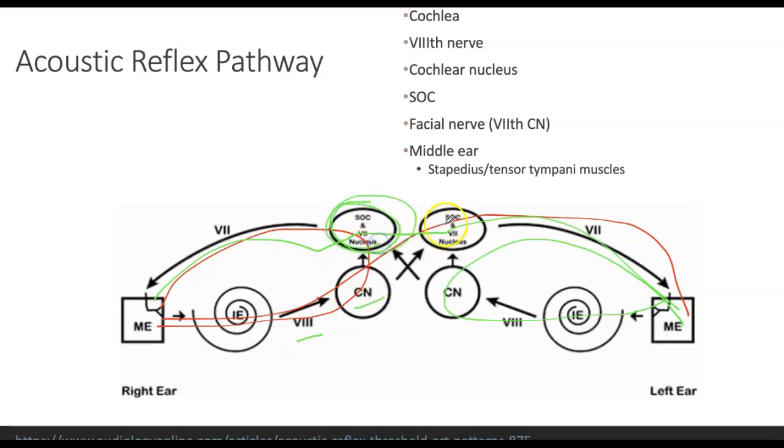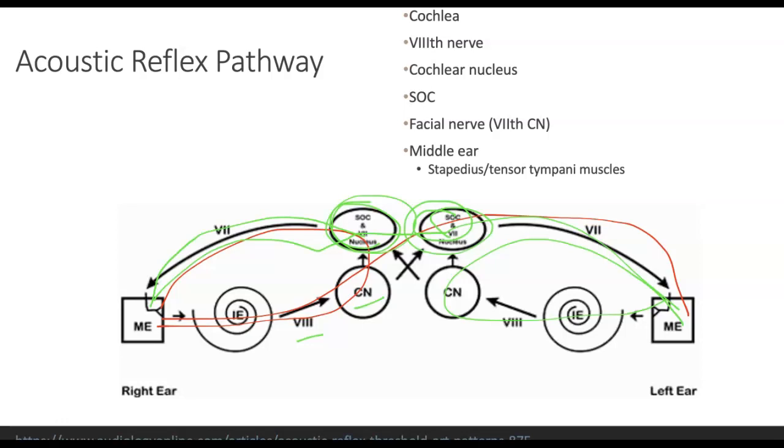It's important for binaural processing. Then it goes to the 7th nerve, and then back to the middle ear muscle. Okay, so this is the pathway that it takes, and we'll talk a little bit more about the acoustic reflex pathway.